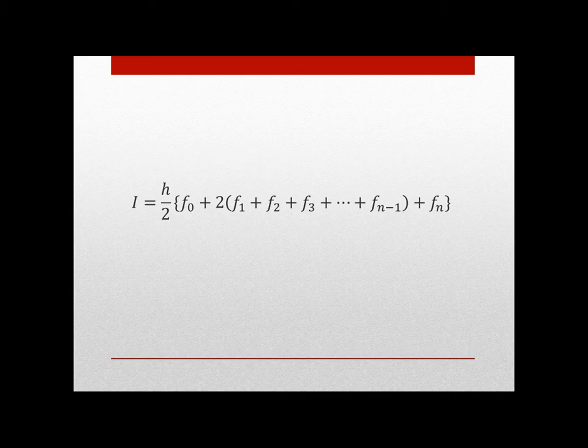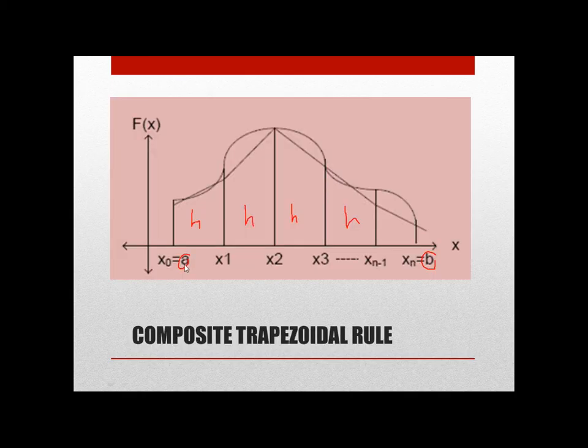In this case, this f sub 0 is solved by substituting a to our function. If you recall here, this a represents your f sub 0, while the f sub n is by substituting b to your function.